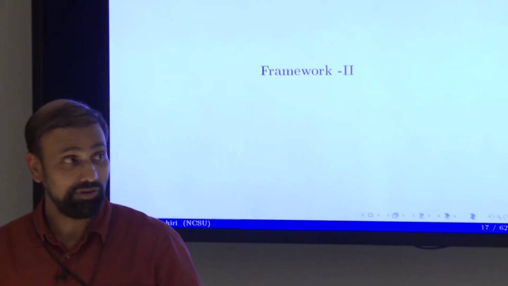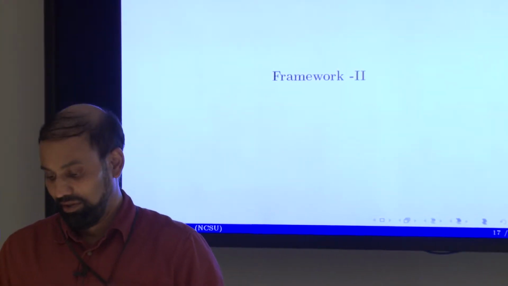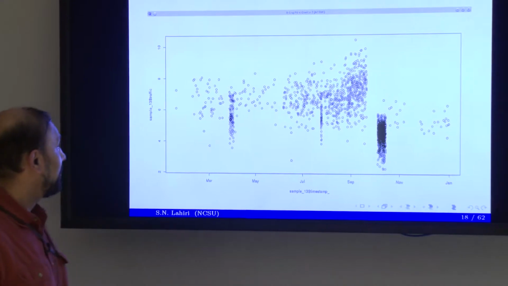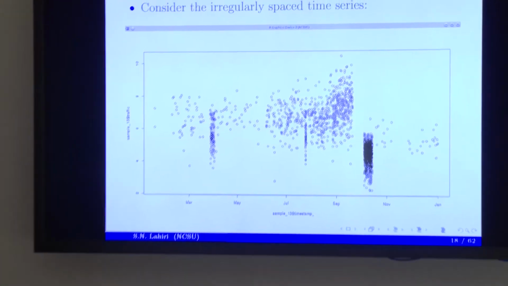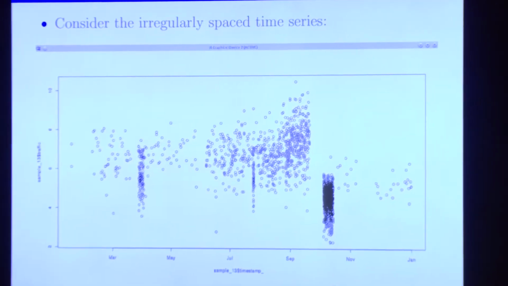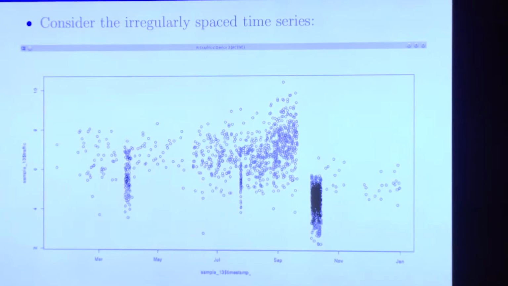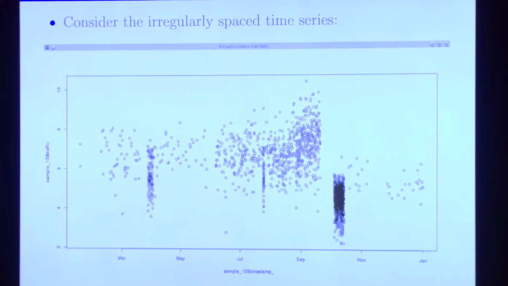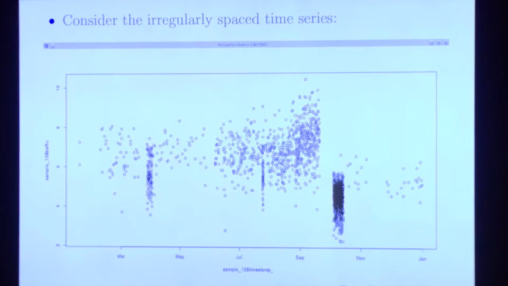But in this situation, our goal or objective is much more difficult. And the type of models or formulations that you'd use for unevenly spaced time series data is slightly different.